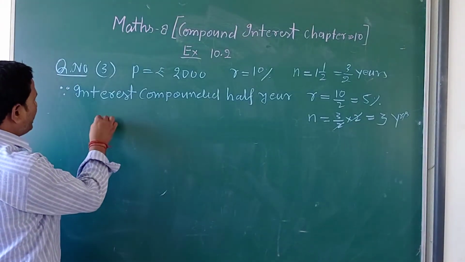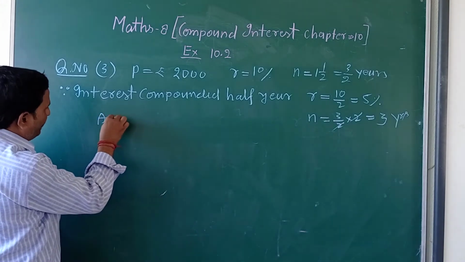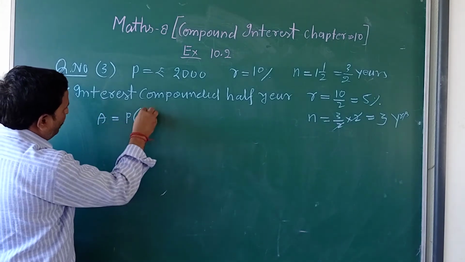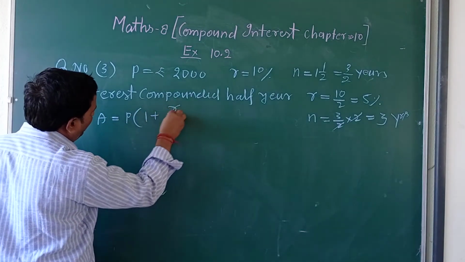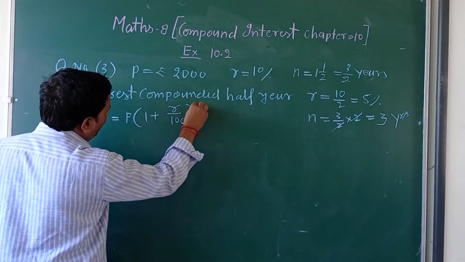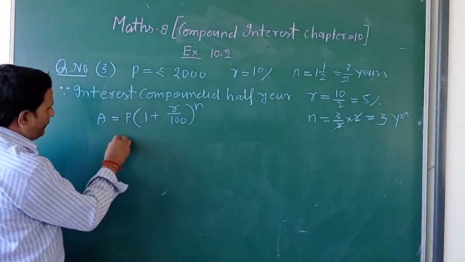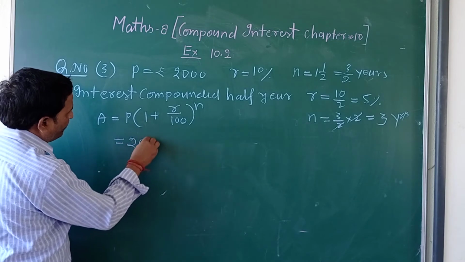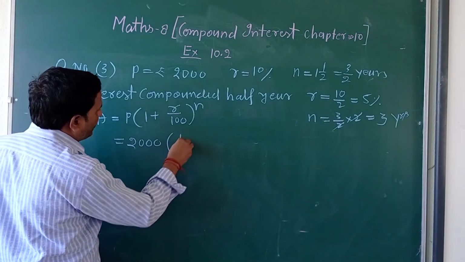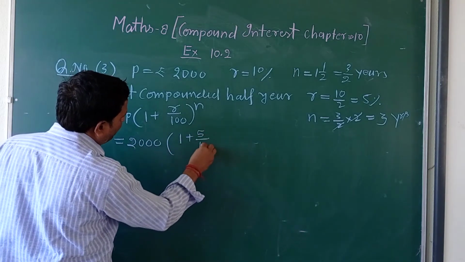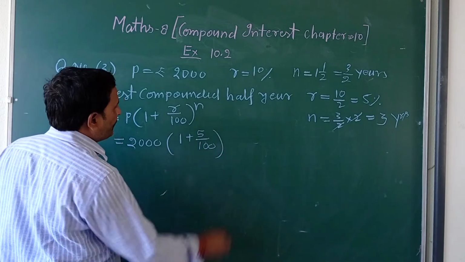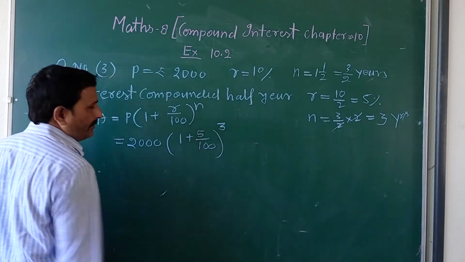Now amount is equal to, write the formula, P into 1 plus R upon 100 to the power n. Principal is given 2,000, rate is 5%, time is given 3 years.